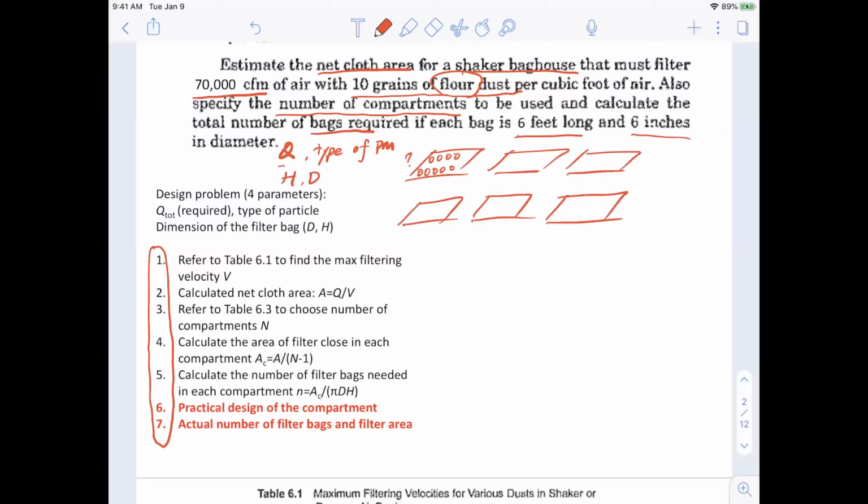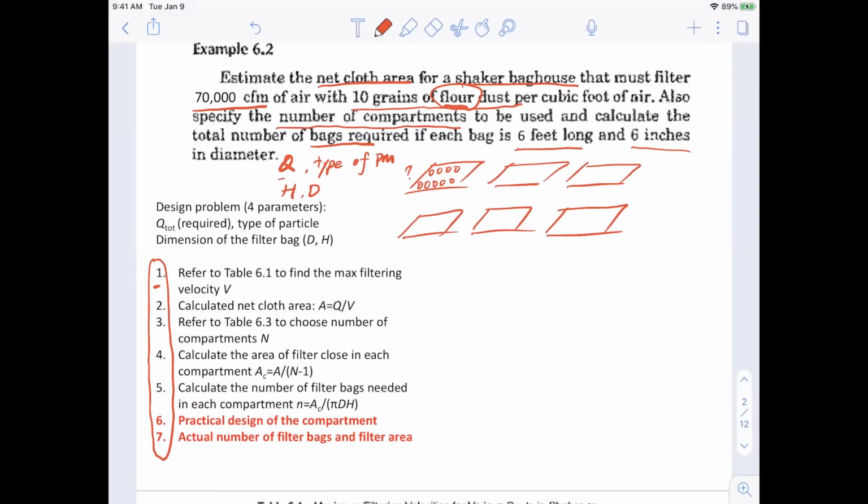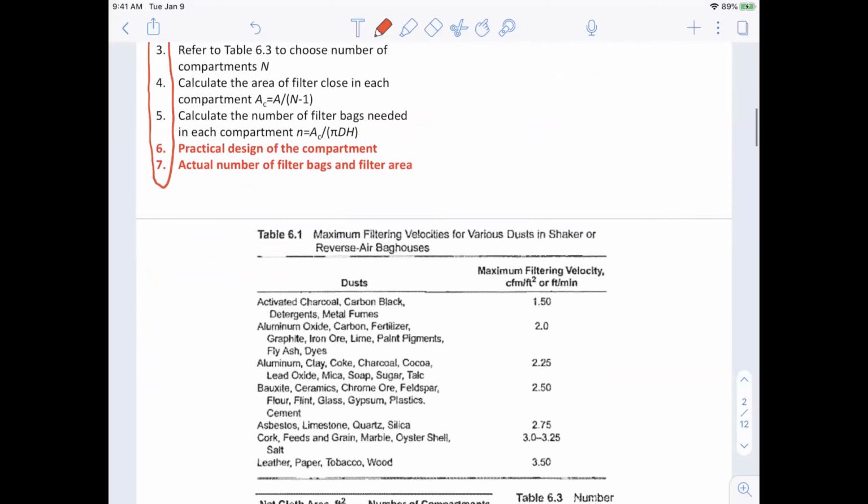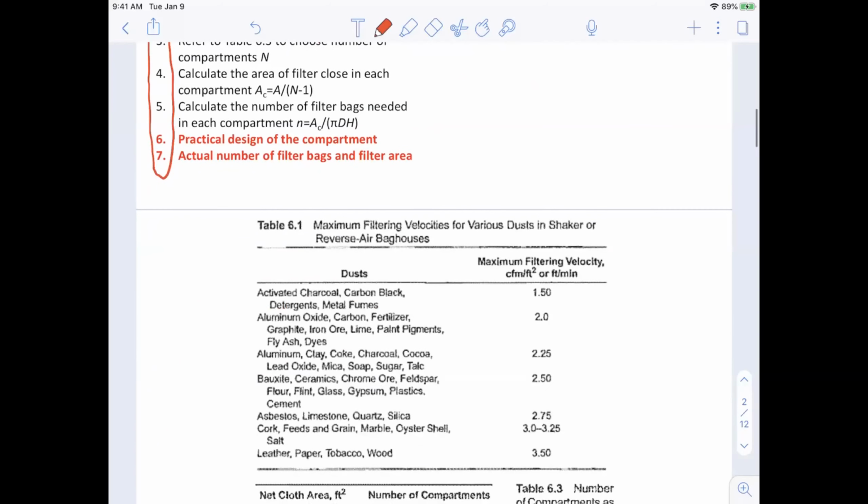Right? So if we follow this sequence here, the first step we need to take is to refer to table 6.1 to find the maximum filtering velocity for this type of PM. We notice that this is flour dust, right? So we go to this table and find where the flour dust is located.